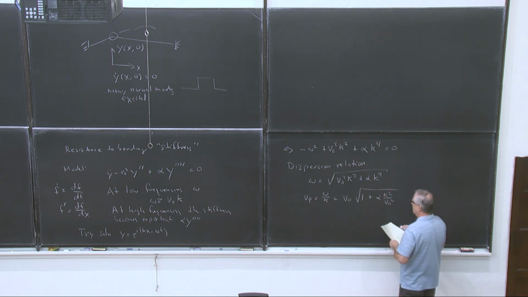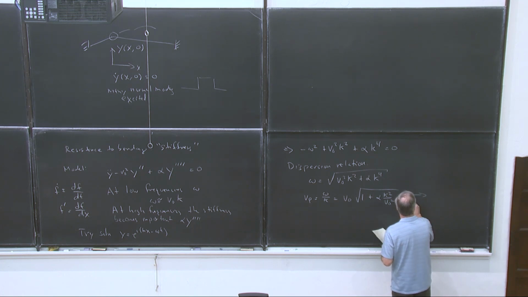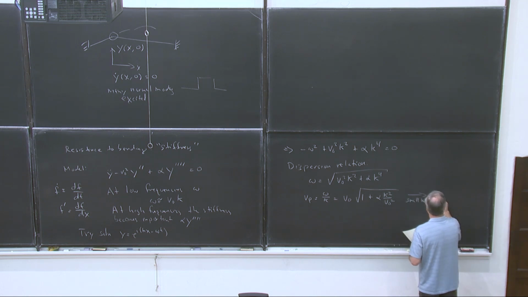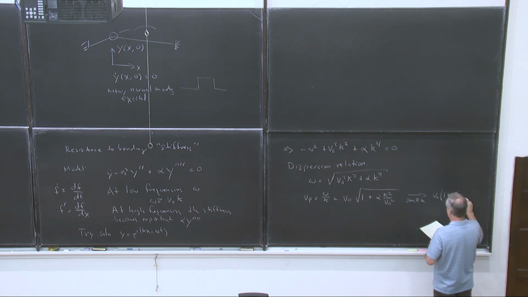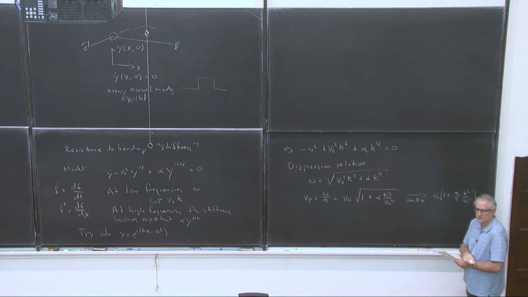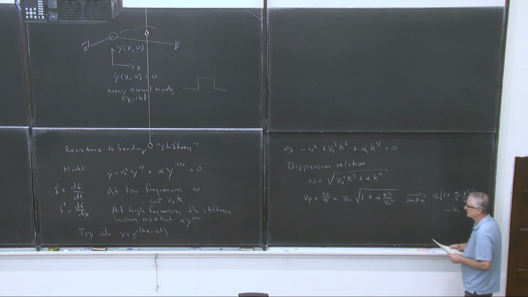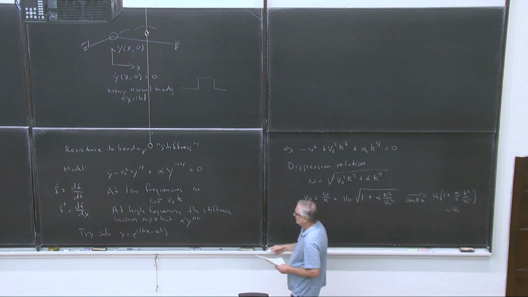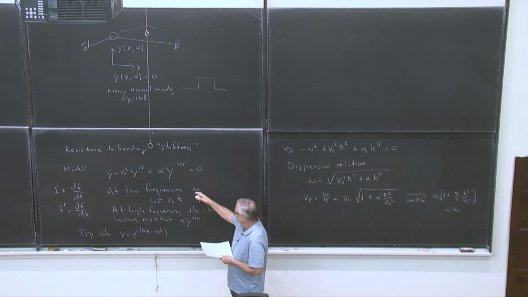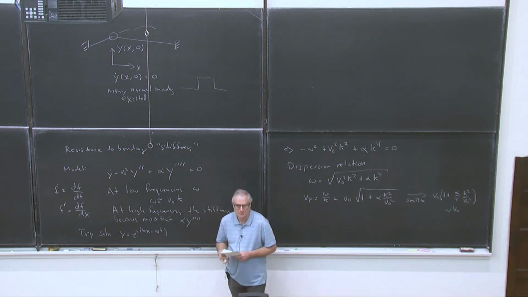But I can make the first order correction, that this goes like v naught times 1 plus alpha over 2 k squared over v naught squared, just approximating that square root with the first two terms of the Taylor series. But it's approximately v naught. So that was my statement here, that basically at low frequencies, I have omega is v naught k.